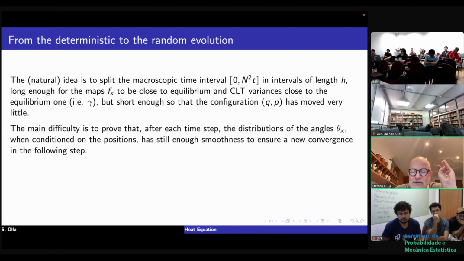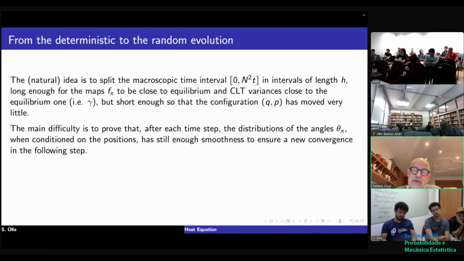There's still enough smoothness so that you can restart the process. If you lose that, then you are stuck. You cannot use anymore the properties of the dynamical system. The dynamical system needs some initial smoothness. So you need a technique that shows that the initial smoothness you had at time 0, you still have after a time h, and you can iterate.